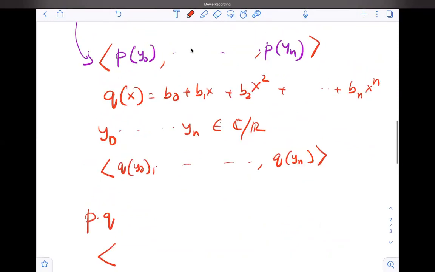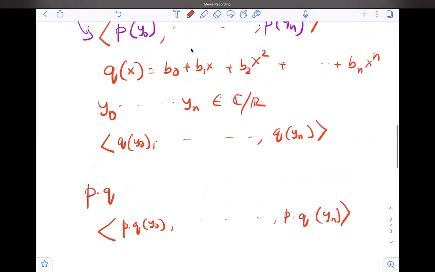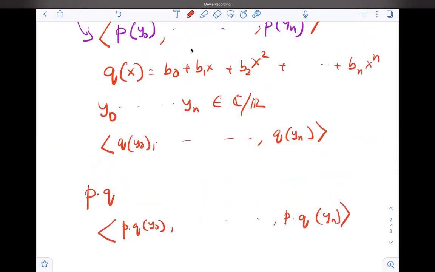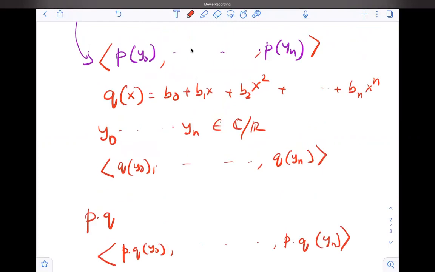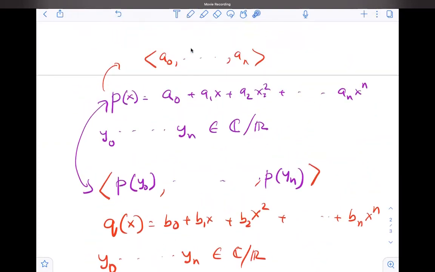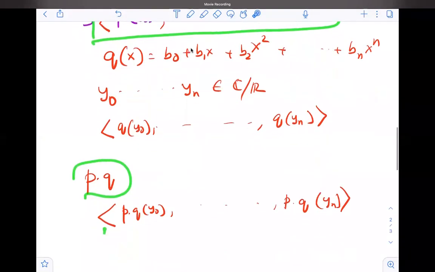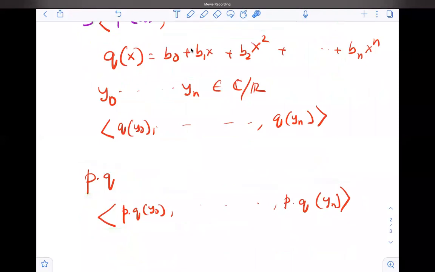By multiplying pointwise, I could get p dot q dot y naught until p dot q dot yn. But what is the time complexity of retrieving the polynomial? That's a very good point, and exactly what your friend was also asking. If I assume that this is given, then I can produce p times q in order n time.